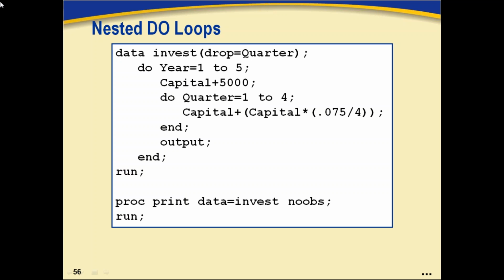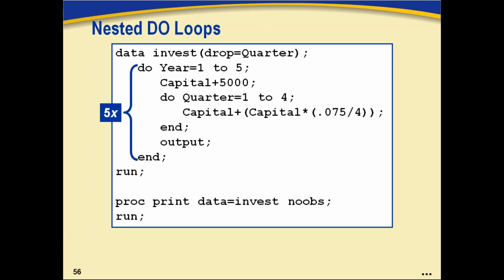See here, I wanted to calculate from year 1 to year 5, and in each year we have quarters, right? So I wanted to calculate across each quarter as well. In the first year, first quarter, what will be my interest or my capital? First year, second quarter, output.